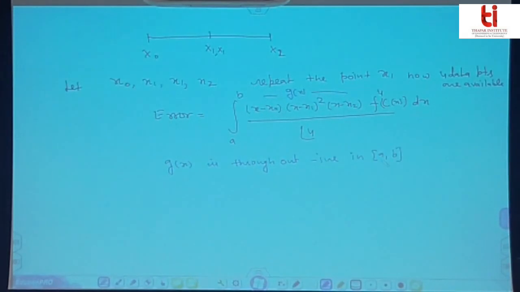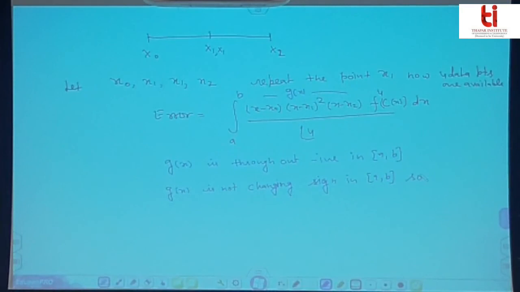You take x anywhere inside the interval x0 to x2, then g(x) will be negative for all values of x. Because x minus x2 will be negative, x minus x1 square is always positive, and x minus x0 is positive since x lies on the right hand side of x0. So g(x) is not changing sign inside the interval AB.